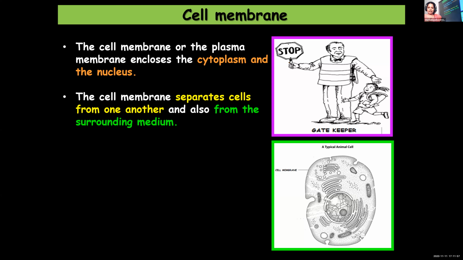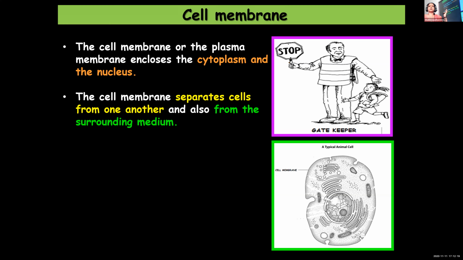Similarly, each cell is separated from the other with the help of this boundary known as the plasma membrane. The cell membrane separates cells from one another. And it will also separate the cells from the surrounding medium.